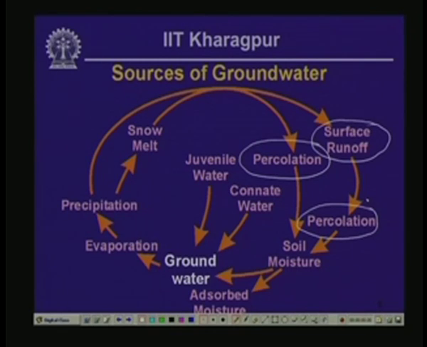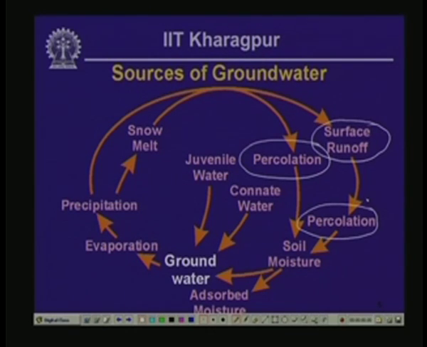There are two other sources of groundwater. We need to consider those two sources as well in order to complete this discussion. One of it is what is called juvenile water, and this is the water that is released directly from magma during the formation of the rock itself, and that might also get trapped within the mass of subsurface formations.